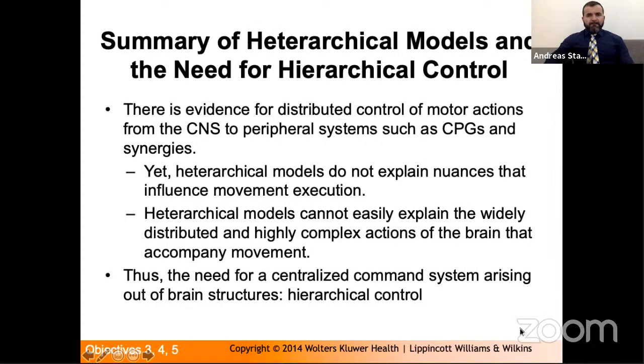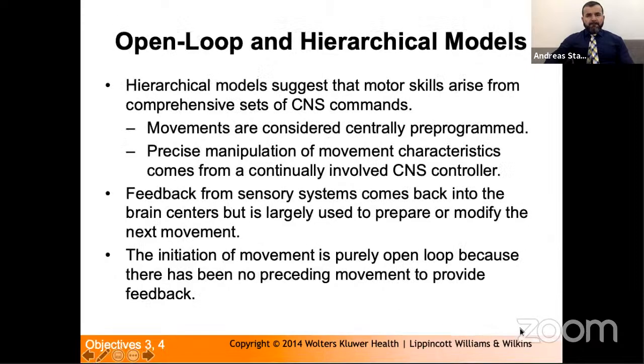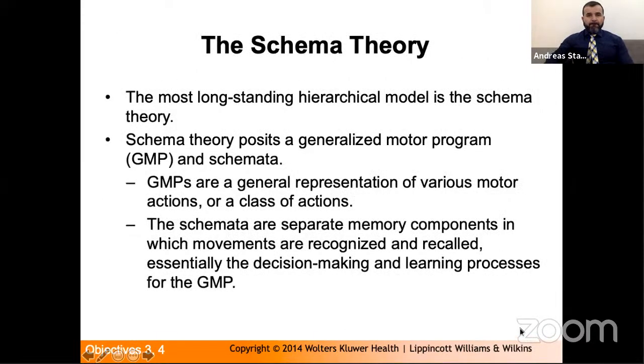Hierarchical models could not explain everything, so let's talk about hierarchical control. Movements here are considered centrally programmed, pre-programmed. Precise manipulation of movement characteristics comes from a continually involved CNS controller. We'll talk about a couple of theories, starting with schema theory.